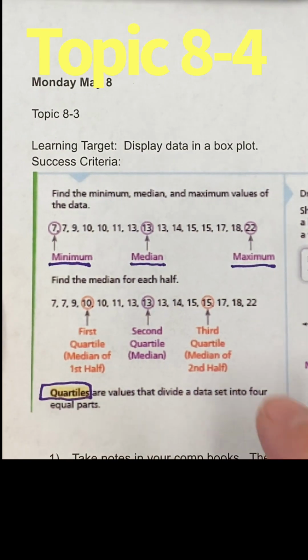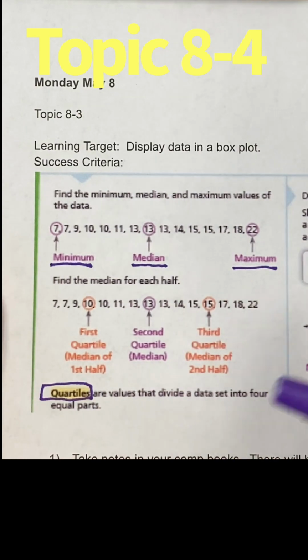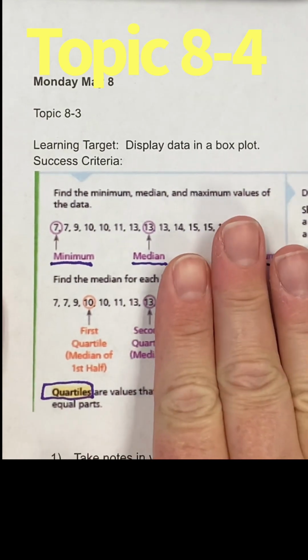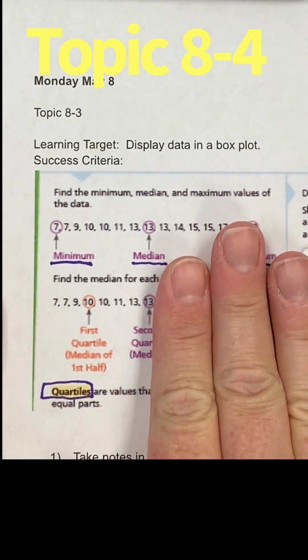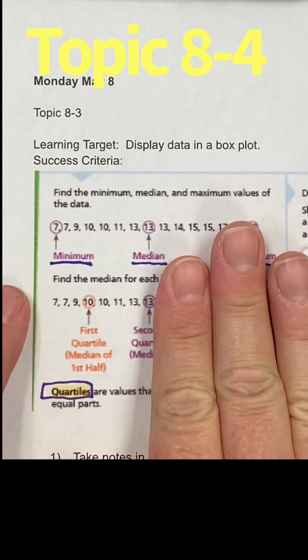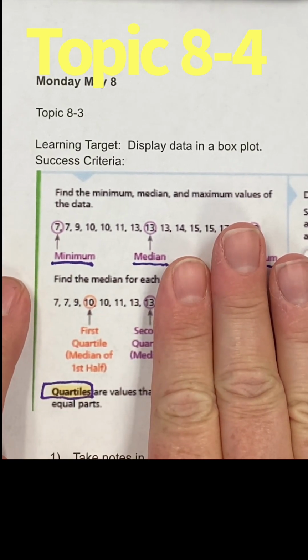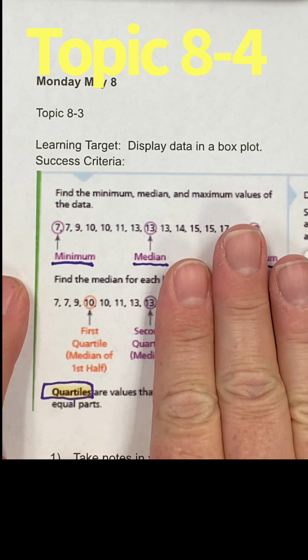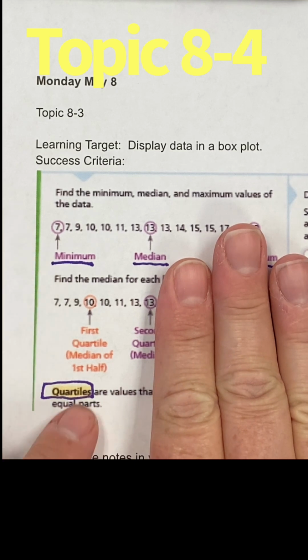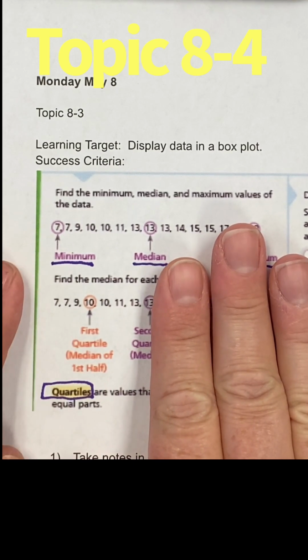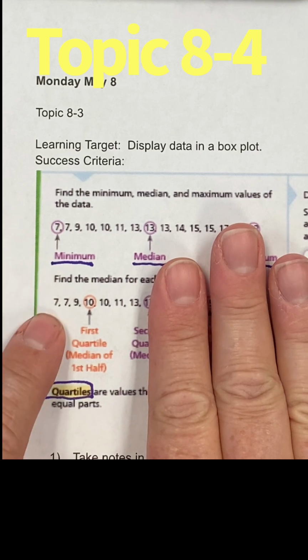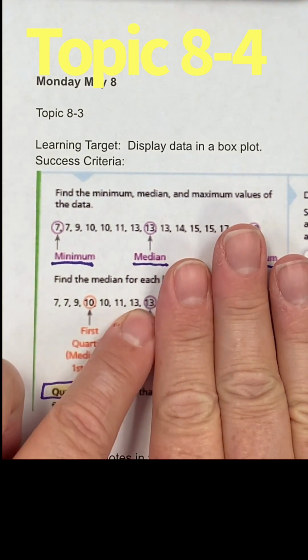So for the first quartile, you take a look at the first half, and we have 7 to 13, and it's like this is a separate set of data, and you're going to find the median of that one. So you're pretending like you have 7 through 13.